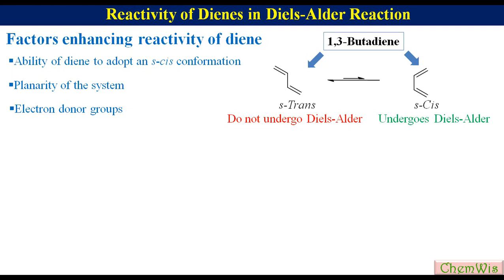So, any factor that favors S-cis conformation increases the reactivity of diene towards Diels-Alder reaction, while any factor that favors S-trans decreases the reactivity. So, the dienes with the enforced S-cis conformation have exceptionally high reactivity.